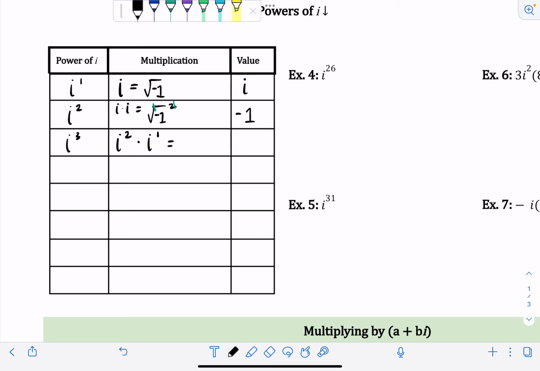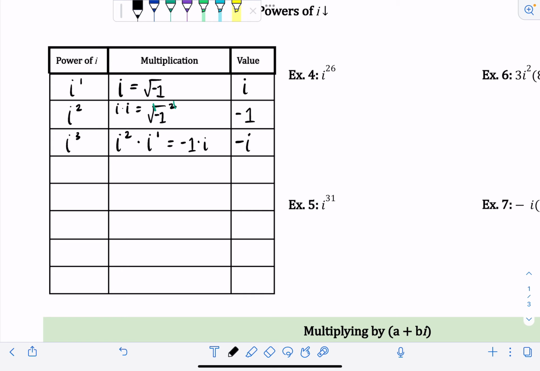So i squared is -1, times another i from the i to the first power. I replaced i squared with its simplified version, -1, and i to the first power is just i in its most simplified form. So -1 times i gives -i.